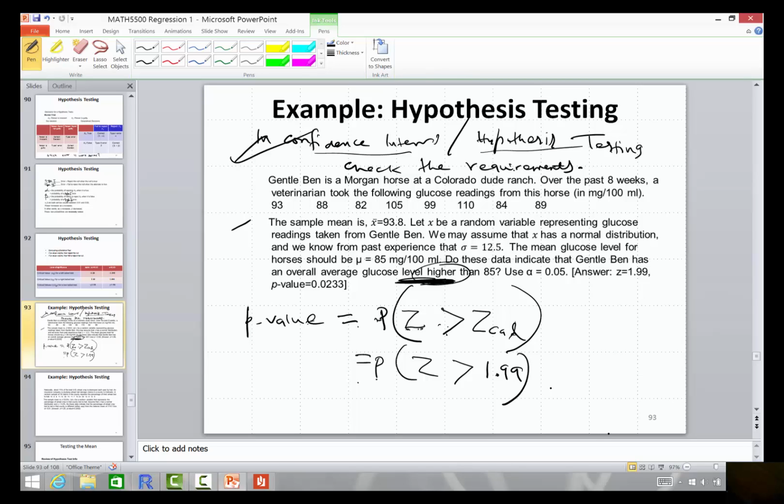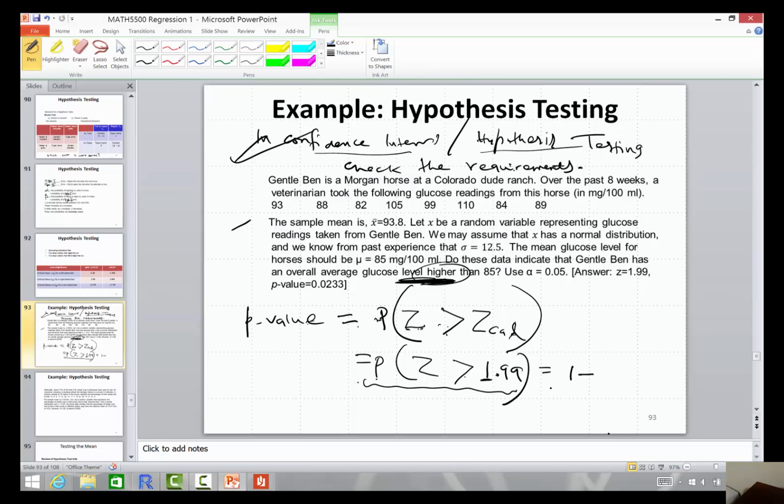We are almost done, because how to handle this case, we already did last week, right? G is greater than 1.99. Greater means you always have to do 1 minus, right? And then what do you do? Go to the G chart with 1.99.